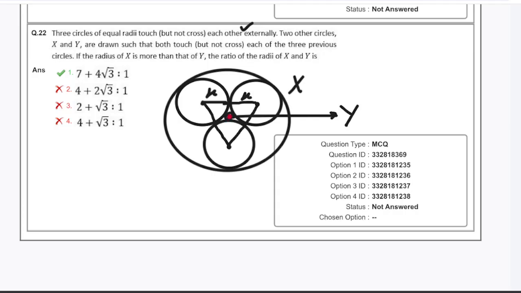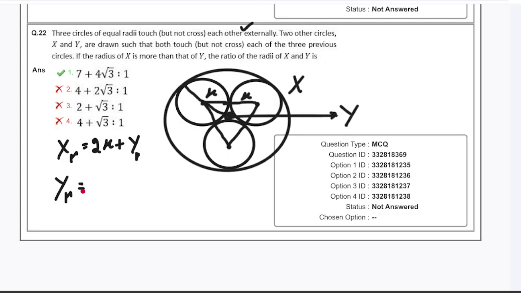If we talk about the inner circle and the outer circle, the center is going to be somewhere in between. So the radius for x will be 2x plus the radius of y.